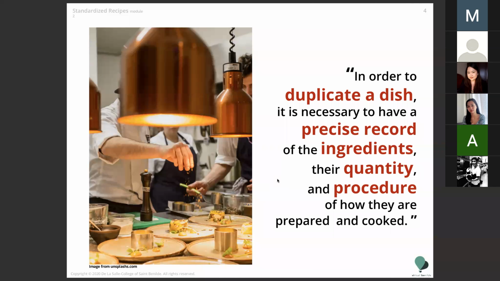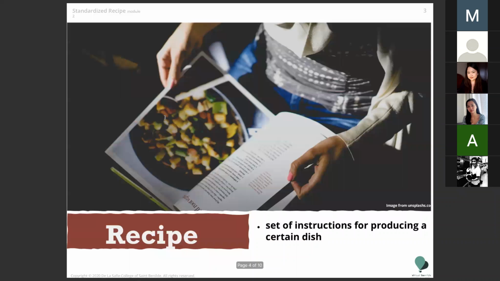Now, what's the importance of having a standardized menu? Of course, before that, let's discuss what a recipe is. A set of instructions for producing a certain dish. I'm sure this is not the first time, for those who are cooking, that you have referred to a recipe from a cookbook or from a site or a link, wherein you had to follow a certain recipe that you wanted to recreate, right?